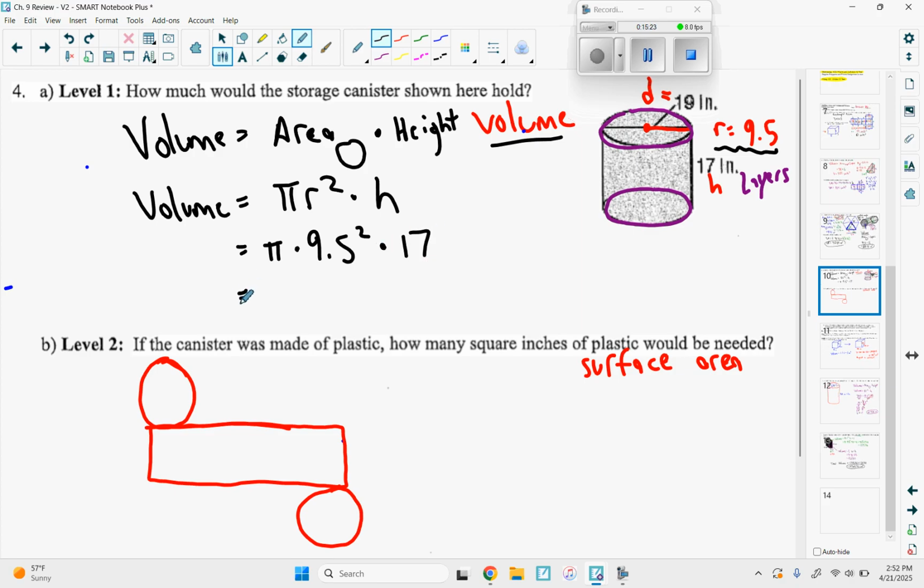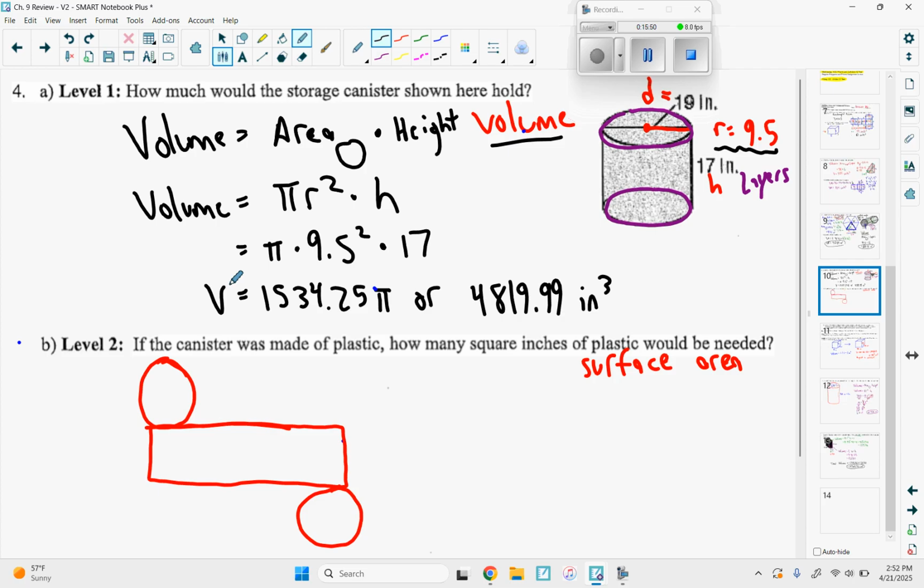And then when we multiply this out, we get 1,534.25 pi, or if you plug that into your calculator, you would get 4,819.99 inches cubed. That's our volume.